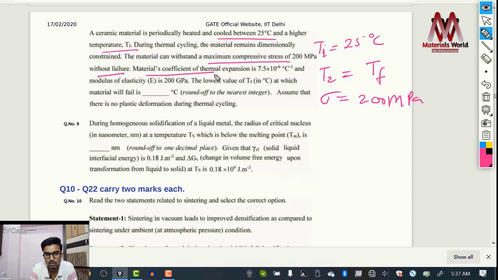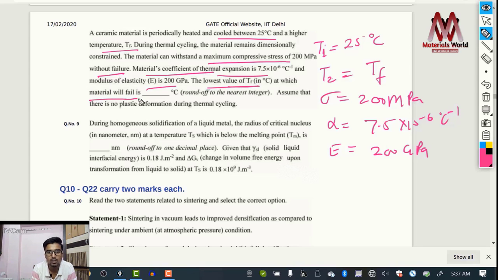The coefficient of thermal expansion, alpha, is given as 7.5 into 10 to the minus 6 per degree Celsius, and the modulus of elasticity is given as 200 GPa. So the lowest TF at which the material will fail, that is the value of TF they are asking.